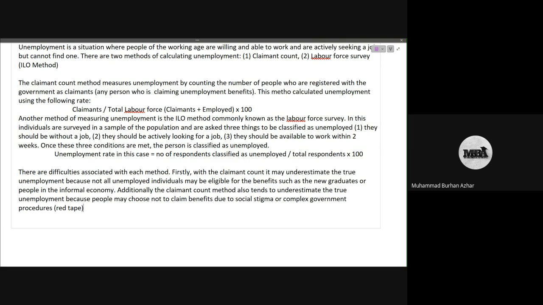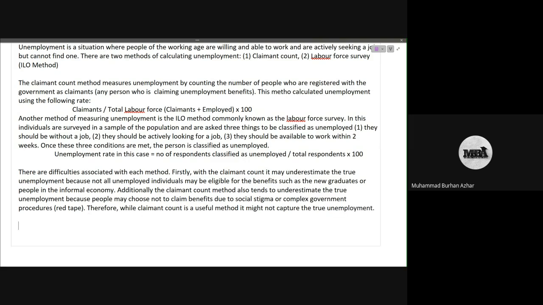So, due to excessive red tape or complex government procedures, people may not claim unemployment benefits. Therefore, while claimant count is a useful method, it might not capture the true unemployment.